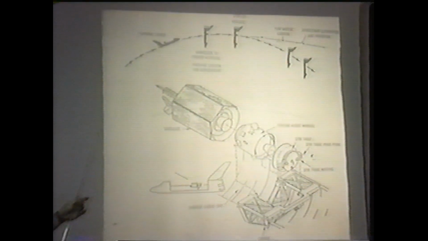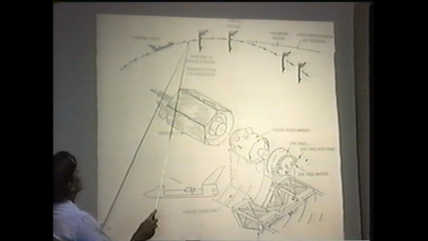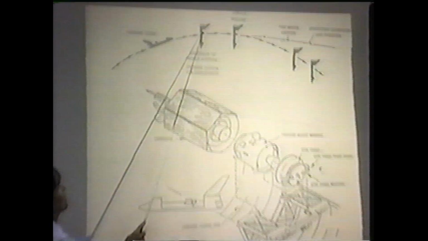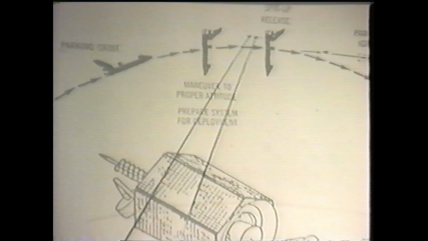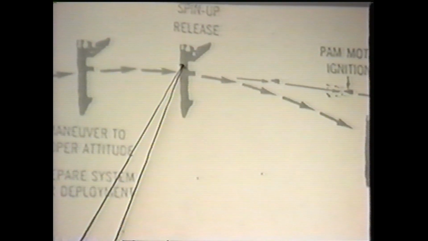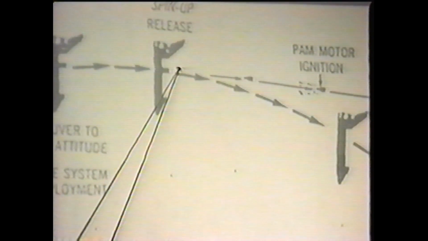I'm going to go to this illustration here that will show us a little bit better how it is performed. Okay, the space shuttle goes into the orbit. It rotates in a position, a relationship like this. And then you can see where, just like I showed you with the yo-yo, the communication satellite is spun out of the space shuttle.